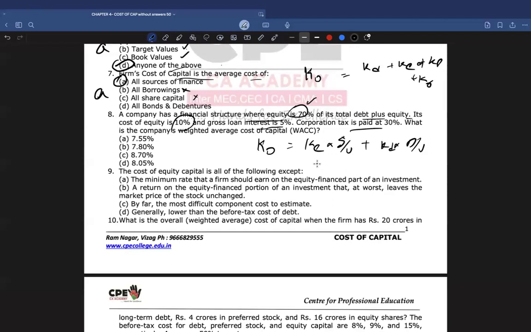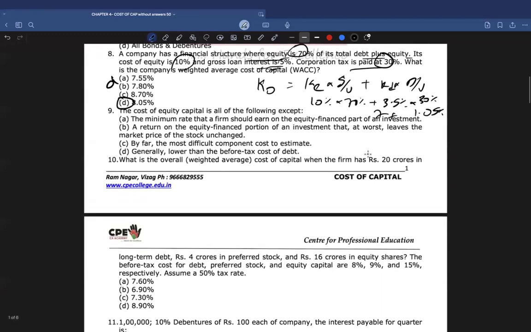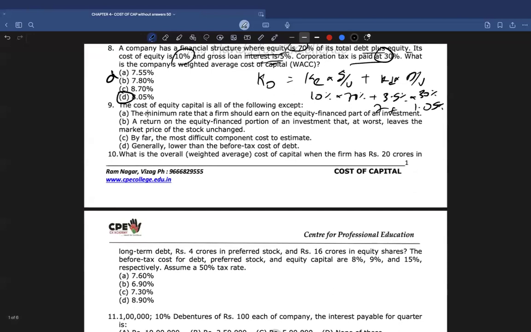So KE is like ఇక్కడ 10% into S by V, which is 70%, plus KD is supposed to be 5% loan, 5 into 0.3, 1 minus tax, interest rate in 1 minus tax, into D by V will be 30%. So is 1.05 plus 7, so 8.05%. So D.